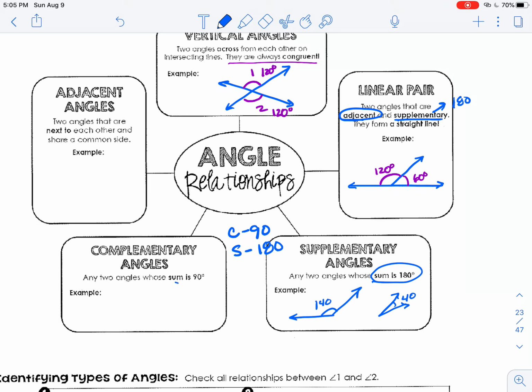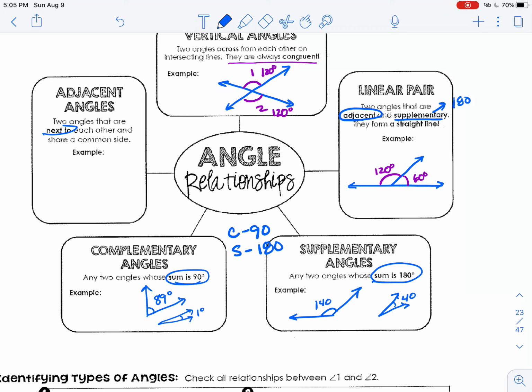Complementary, they're going to add to 90. And so how about an angle that measures 89 degrees and an angle that measures 1 degree, as long as they add to 90.